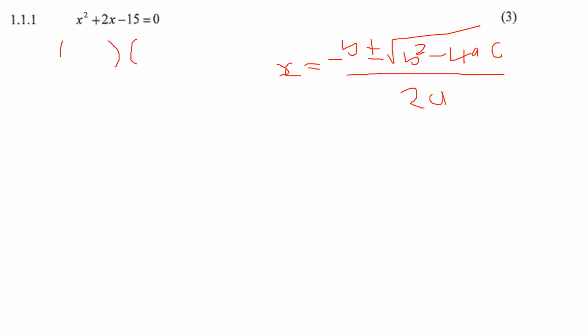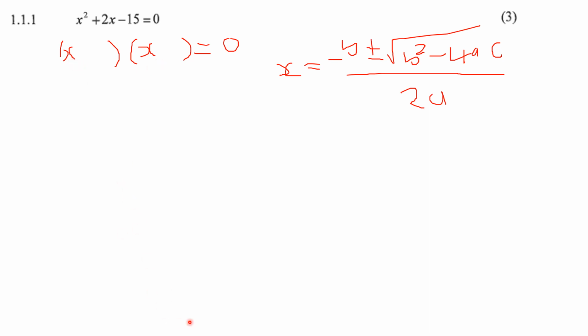Now open two brackets, you will say, okay, this is the value of x here, and then the x here. You put in x here because the coefficient of x squared is 1, so you will be right to put x and x here.